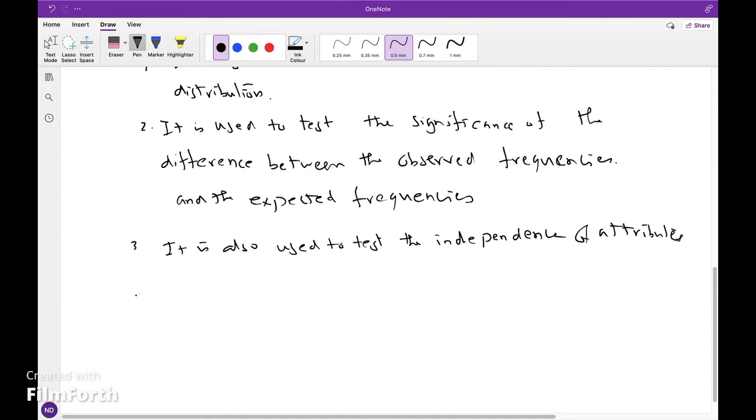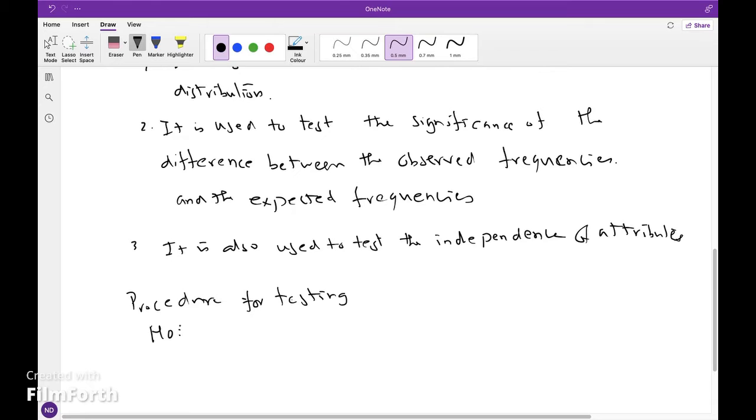Procedure for testing the significance of the difference between the observed and expected frequency.